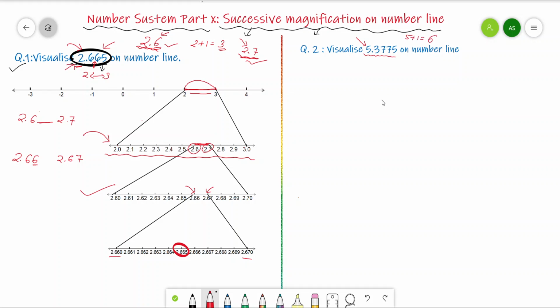So we have to have the number 5 and number 6 on the number line. So we will draw a number line which should contain the number 5 and 6. So let's have this number line over here.